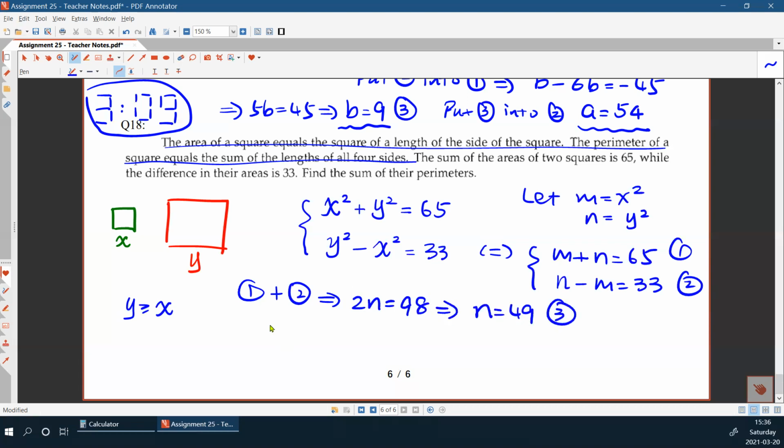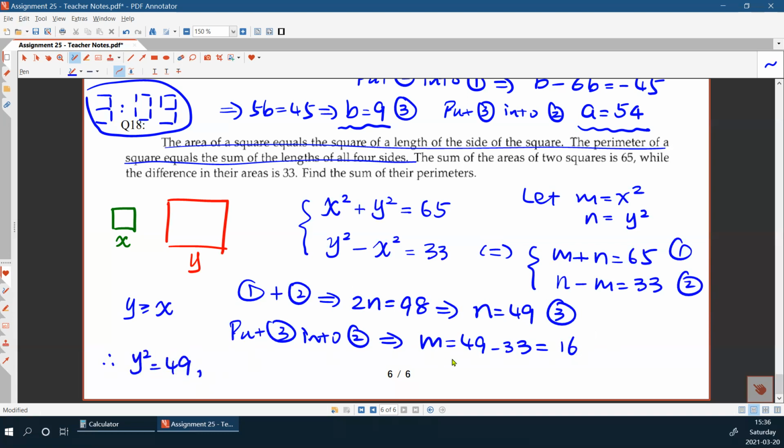So this is 3. And then we can put 3 back into equation 2, and then you will get m is 65 minus 49, which is 16. Okay, so that means what is n? N is y squared. Y squared is 49. What is m?